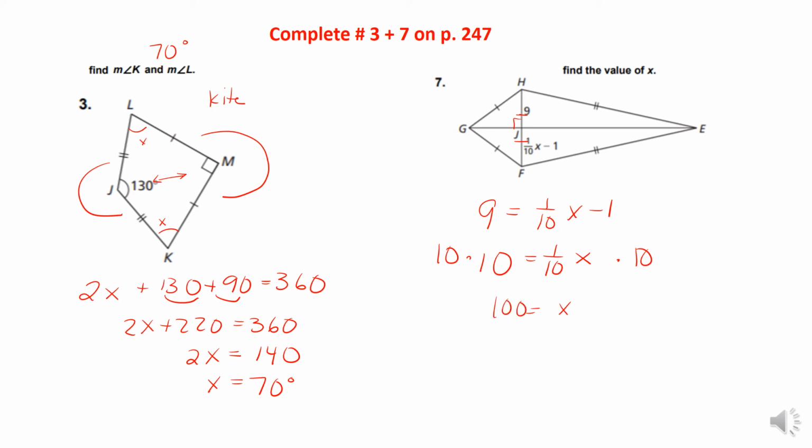That's kind of a big number, but it's just asking what x is, not the value of the side. If you plug that in, it equals 9. So don't let that confuse you. All right, so there are your answers.